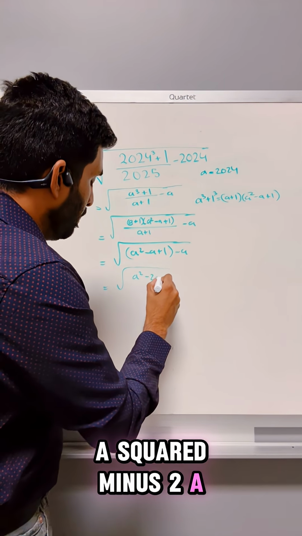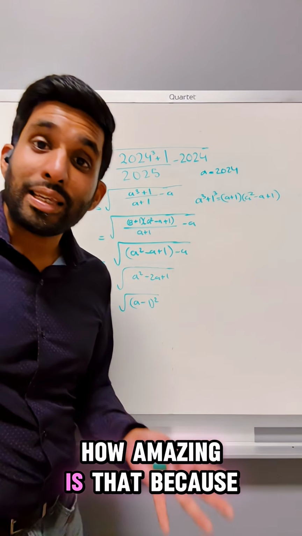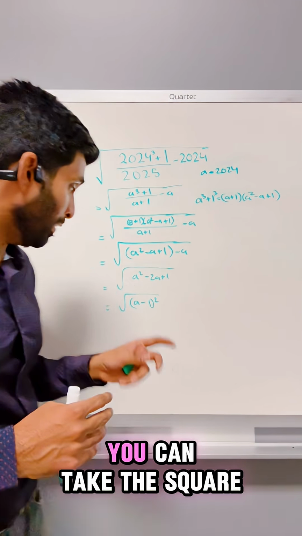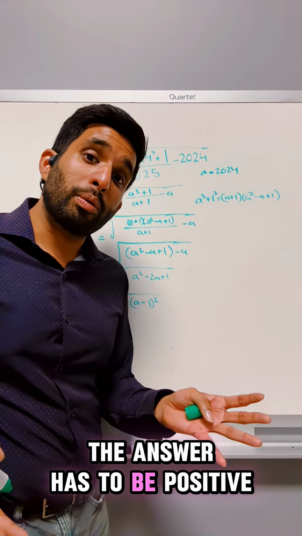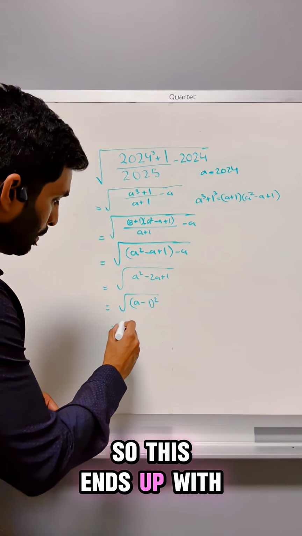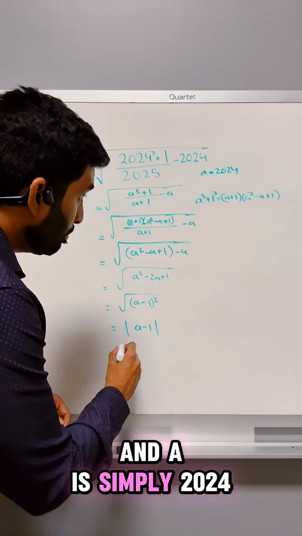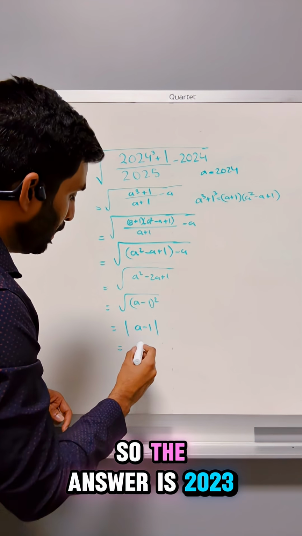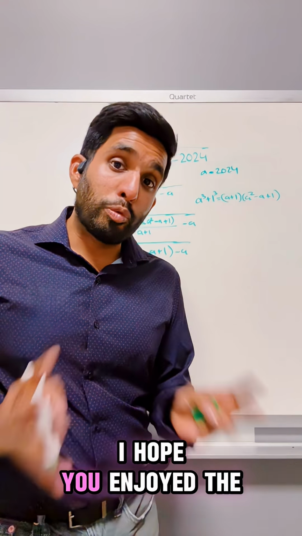So I can rewrite this as A minus 1 squared. How amazing is that? Because now you already know what to do. You can take the square root of this, and because this is squared, the answer has to be positive. So this ends up with the absolute value of A minus 1, and A is simply 2024, so the answer is 2023.